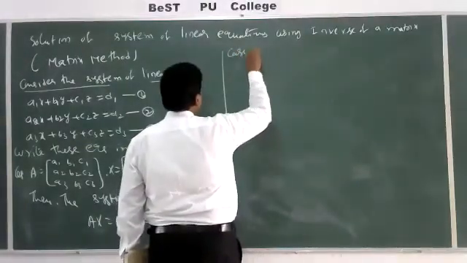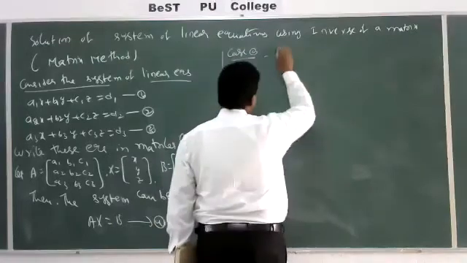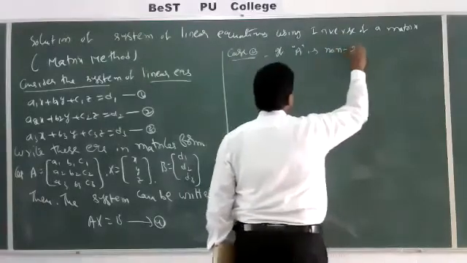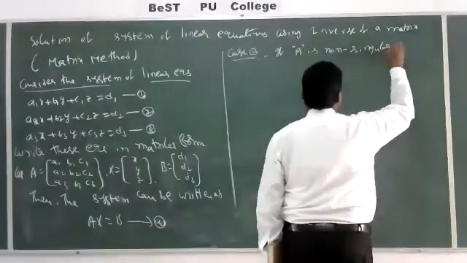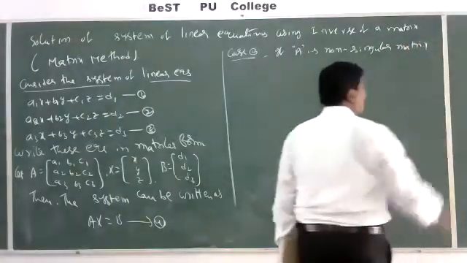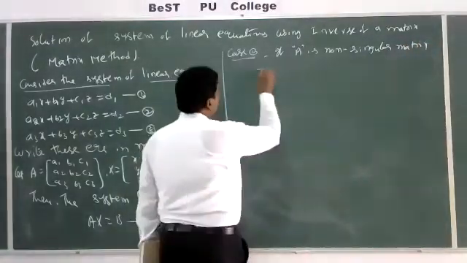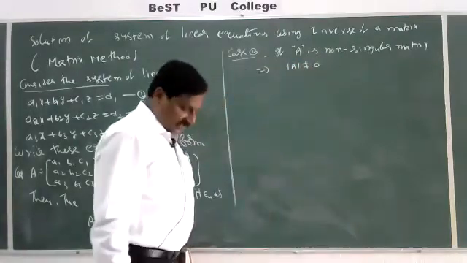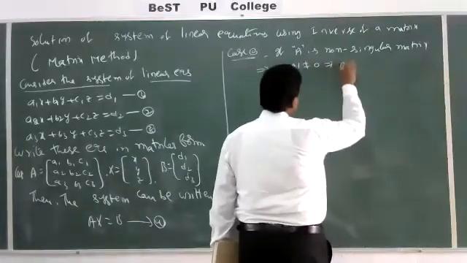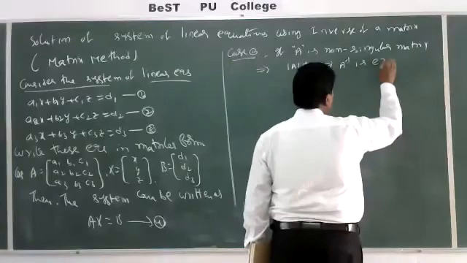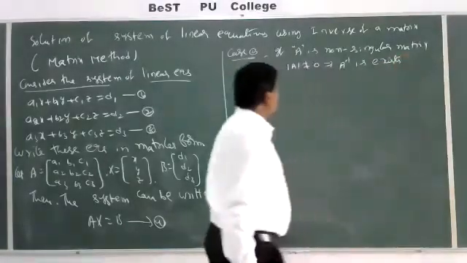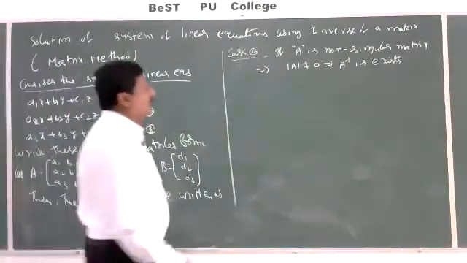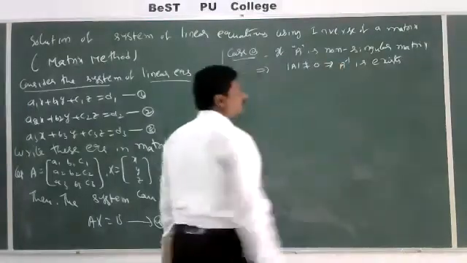Case 1: if A is a non-singular matrix, that implies determinant of A is not equal to 0. That implies A inverse exists.